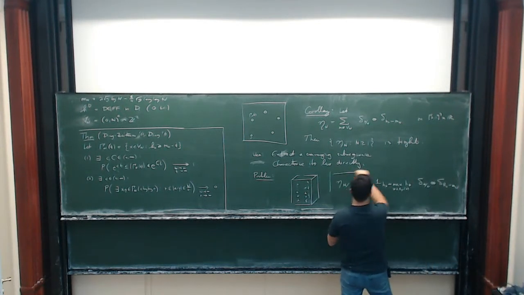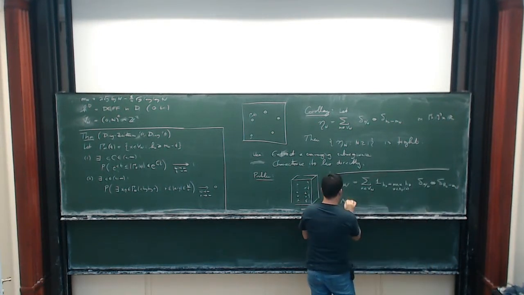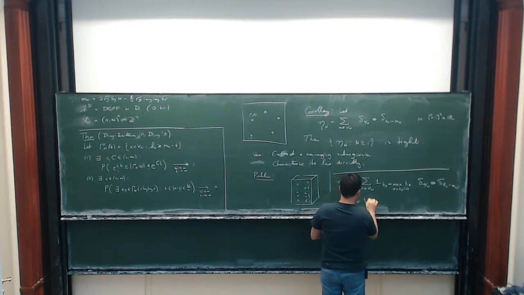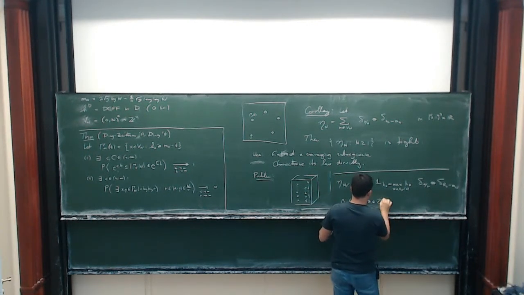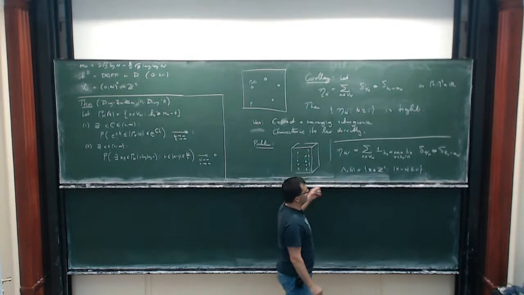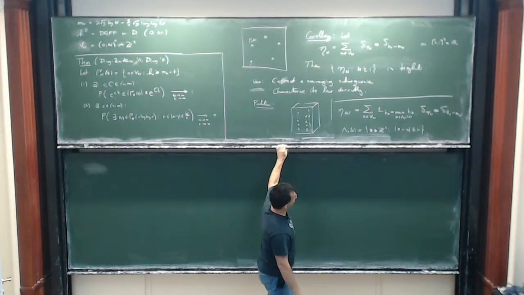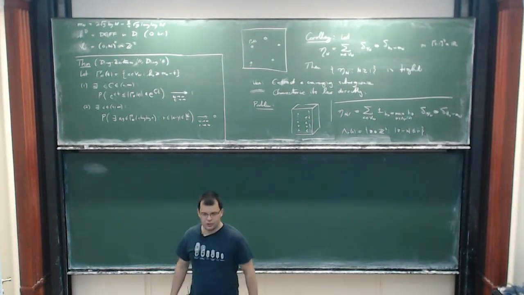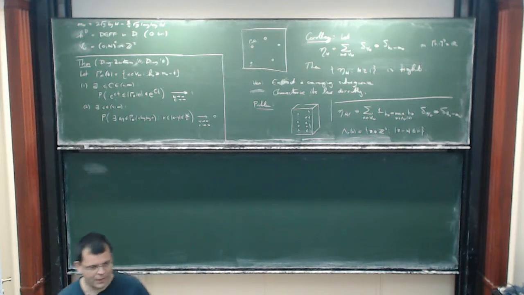Okay, and this is my basic object, and Lambda r of x is the set of points in Z^2 such that the distance is less than r. So these are what we would call local maxima, because the point x only gets counted if the value dominates in an r neighborhood of the point.